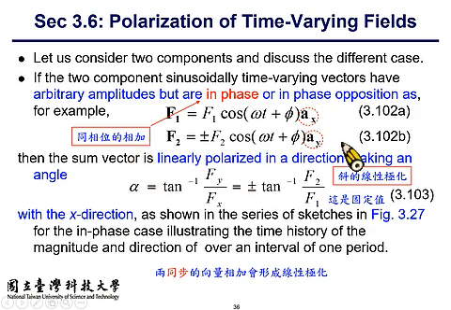Even though it has two components, this is still a linearly polarized electromagnetic wave. You need to figure out why the addition of F1 and F2 is so. Of course, if you look at F1 alone, it's linearly polarized. F2 alone is linearly polarized, but the combination of the two still adds up as a linear polarization.